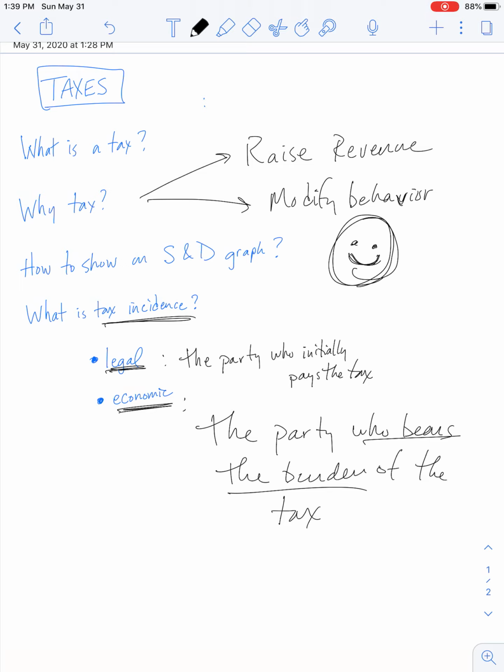So there the legal incidence is split, shared between both the employer and the employee. So legal incidence is who pays the tax. Economic incidence is the party who bears the burden of the tax, and that's where we need the graph to see that happen. So the next part, this is our quick intro. Right? So think of this as the introduction to taxes. Next up, we are going to get to the graphing part. Right? That's the part right here that made us happy in the next video.